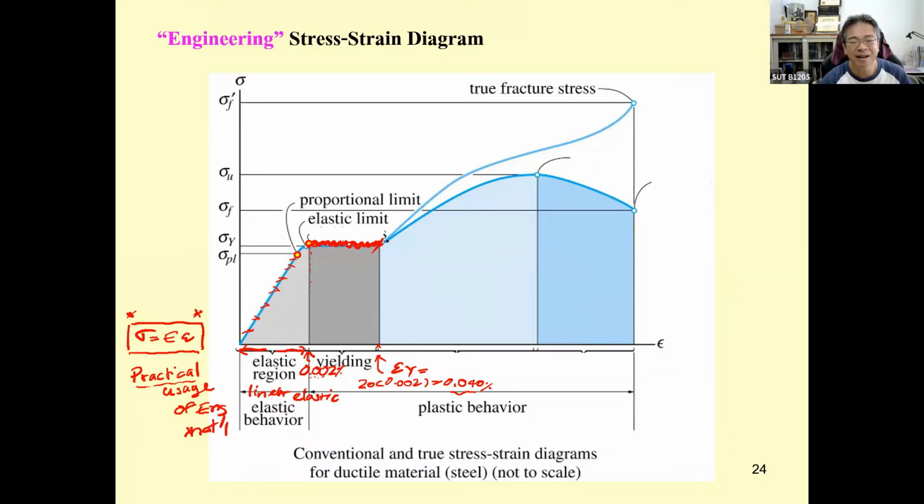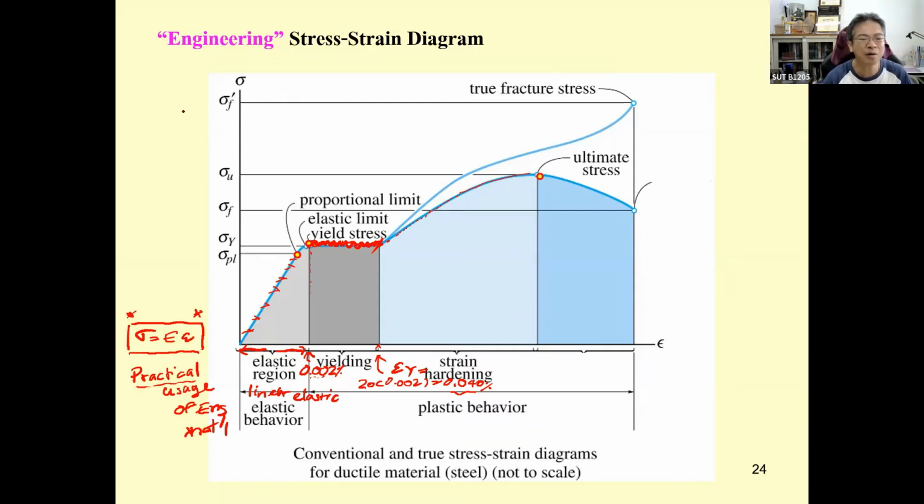Then the structure deforms in this region called strain hardening, because during the yielding the grains rearrange and compact and the material hardens, so it can take more force until it reaches the ultimate point.